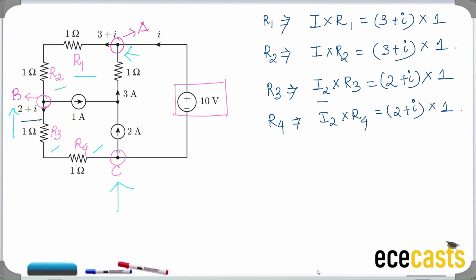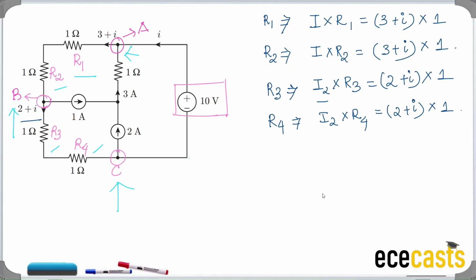So we get the individual voltage drop across each of these resistors. Now we frame the KVL equation. For the KVL equation, we know that the voltage drops across each of these resistors should be equal to the net supply of the circuit, which is 10 volt.